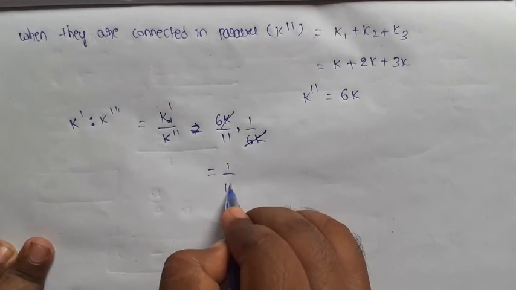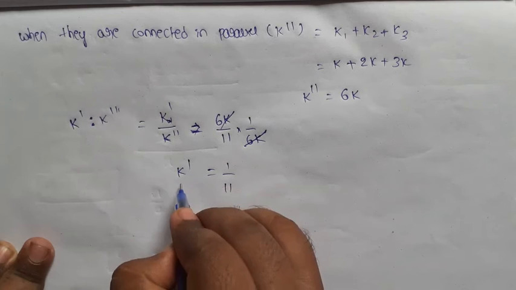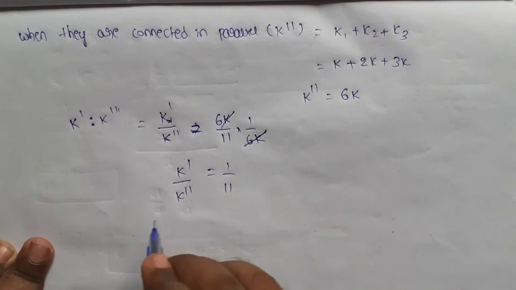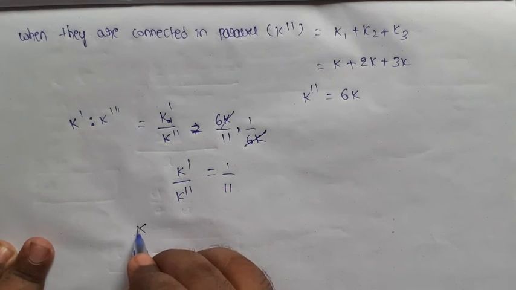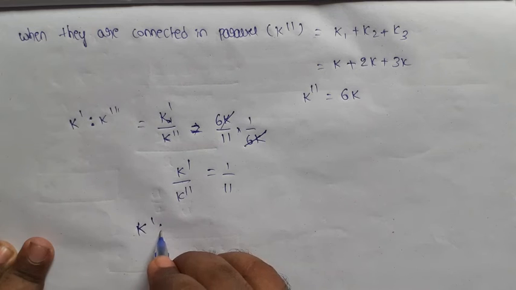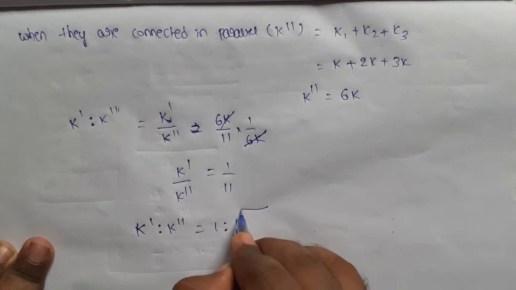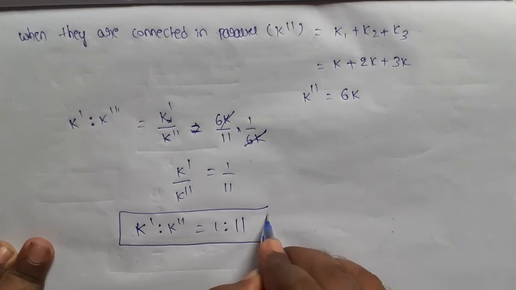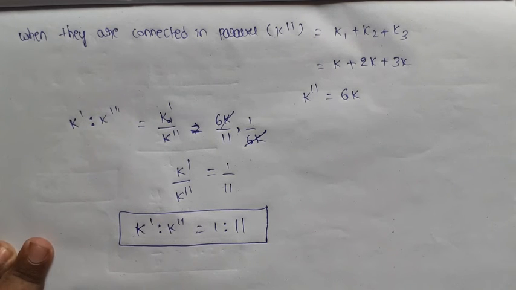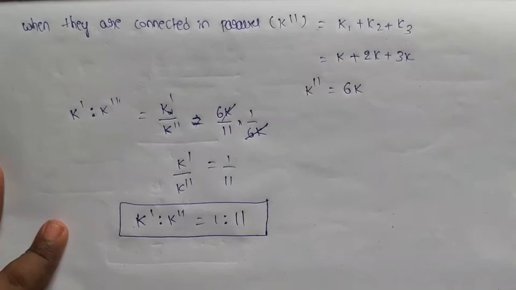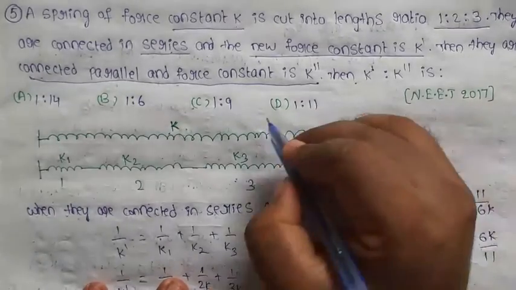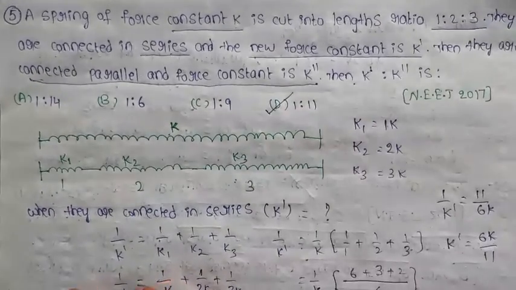So 1 by 11. k dash by k double dash equal to 1 by 11. So we can write as ratio k dash is to k double dash equal to 1:11. This is the ratio of series and parallel. Now see the options. 1:11, option D is the correct answer.